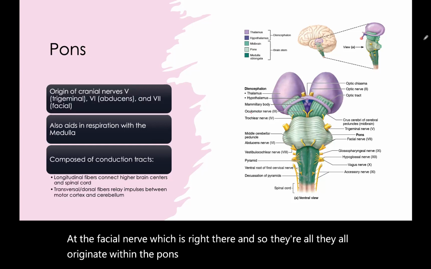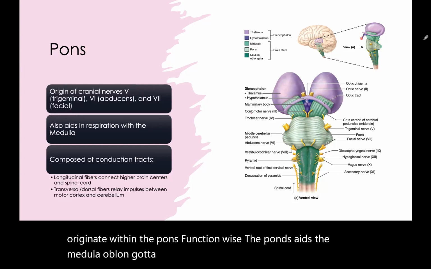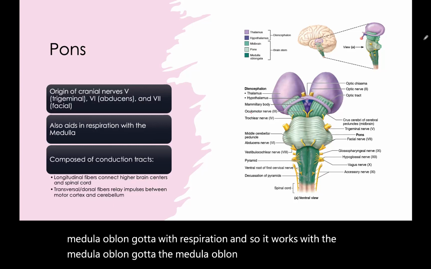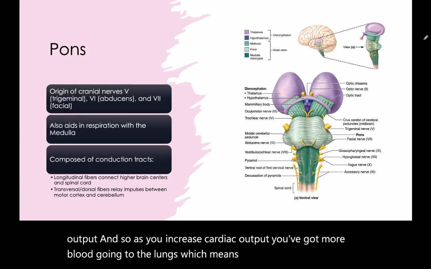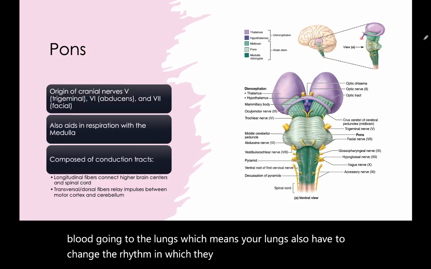Function-wise, the pons aids the medulla oblongata with respiration. The medulla oblongata regulates cardiac output, and as you increase cardiac output, you've got more blood going to the lungs, which means your lungs also have to change the rhythm in which they function. And that's where the pons comes into play.